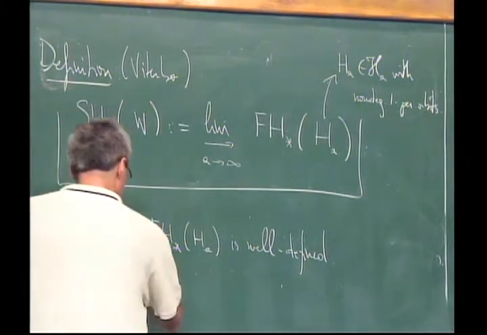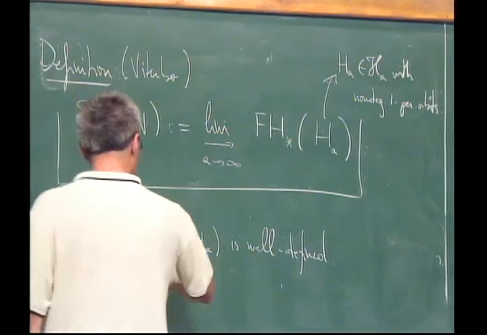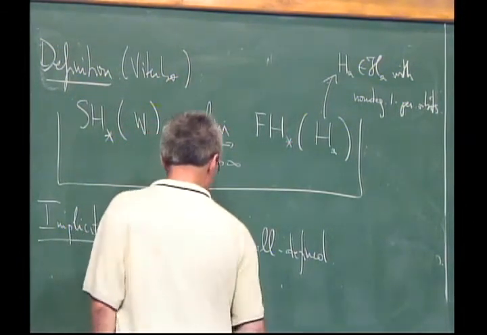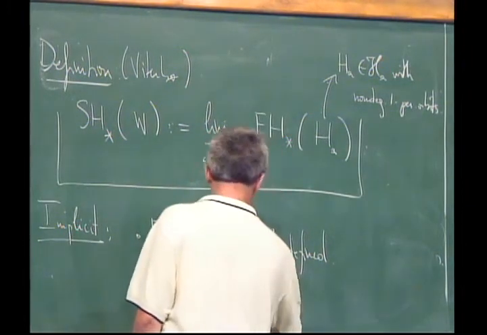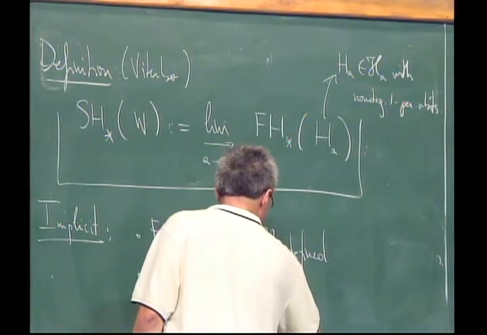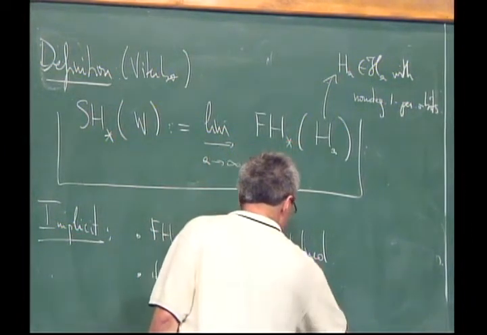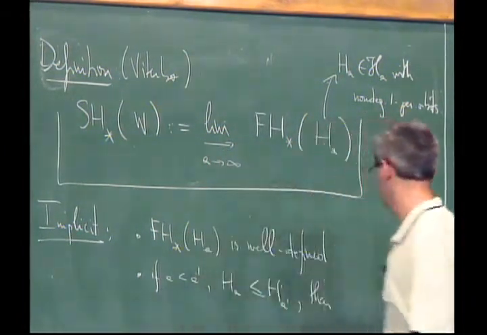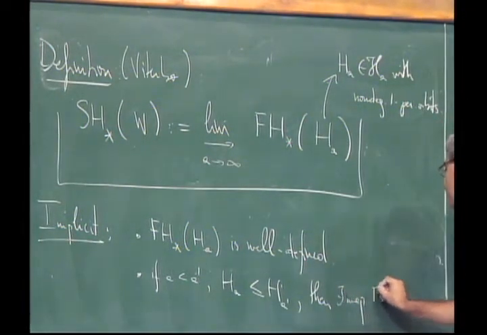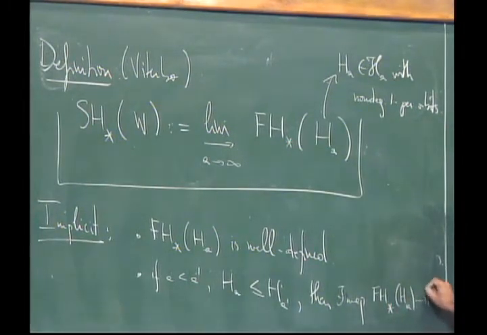I'm also saying that if A is smaller than A prime, and to simplify, if H_A is smaller everywhere than H_A prime, then there exists a map between these things, to H_A prime.